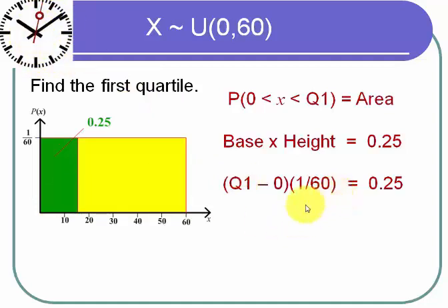So now we just do a little algebra. Q1 minus 0 is just Q1, and I multiply left and right by 60. So I get that Q1 is 0.25 times 60, and 0.25 times 60 is 15. So Q1 is 15. Now, that should totally make sense, because a quarter of an hour is 15 minutes. A quarter of a minute is 15 seconds. So that says that the first quartile is at 15 seconds. So from 0 to 15 seconds takes up 1/4 of a minute.